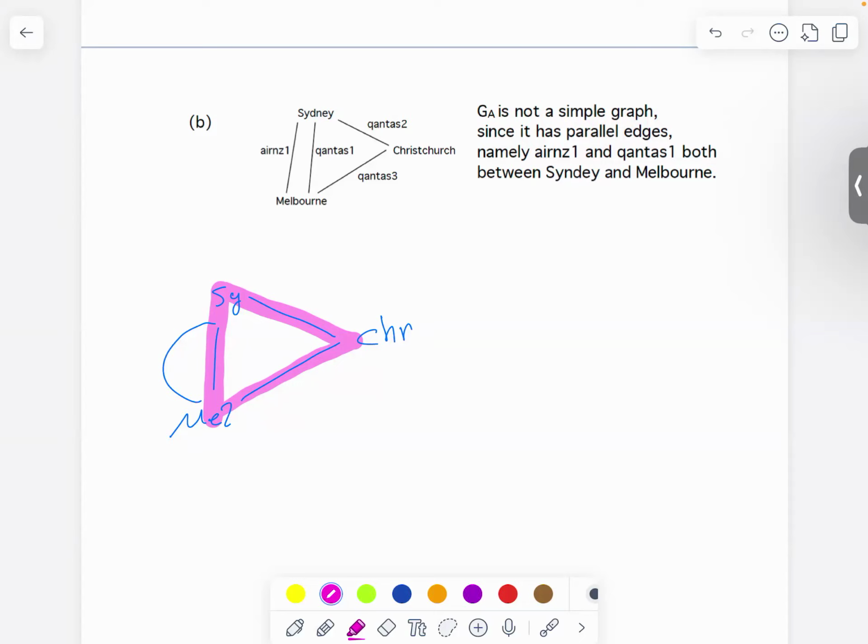The cycle that I highlighted doesn't use this edge, so it's okay as Hamiltonian.